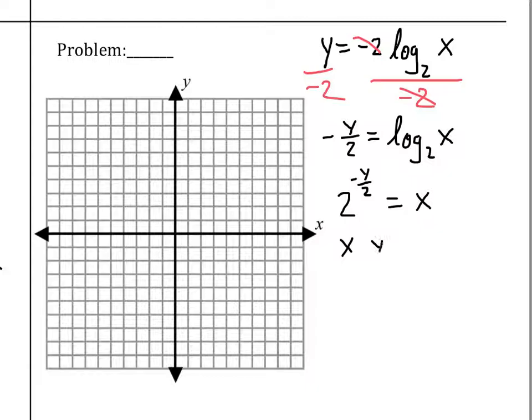And so again, all this changes for us is what we do with these numbers when we plug them in. If I plug in negative 2, I get 2 raised to the negative 2 divided by 2 power.